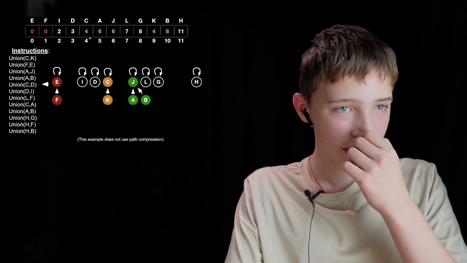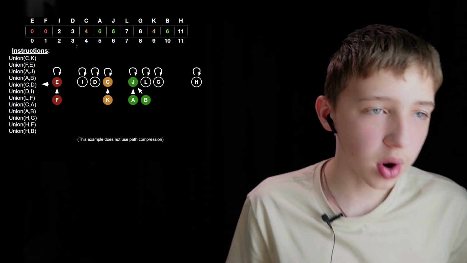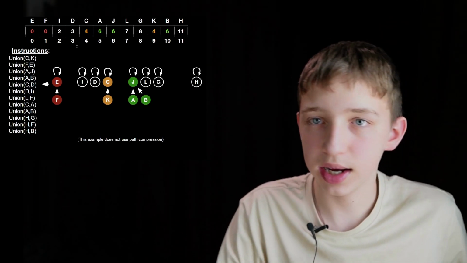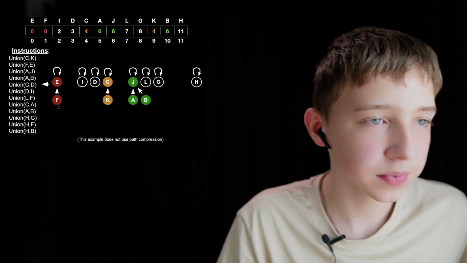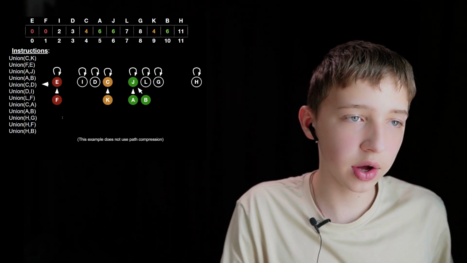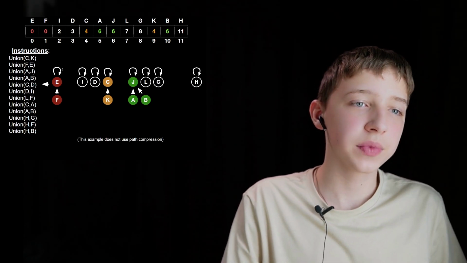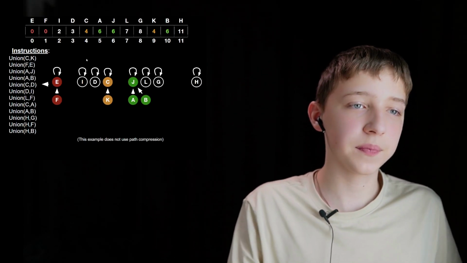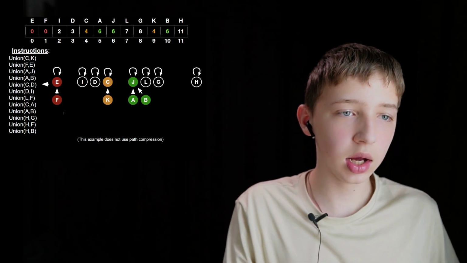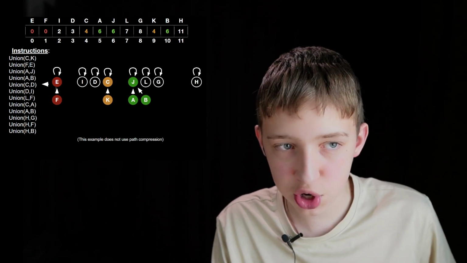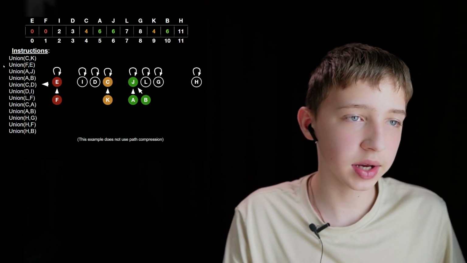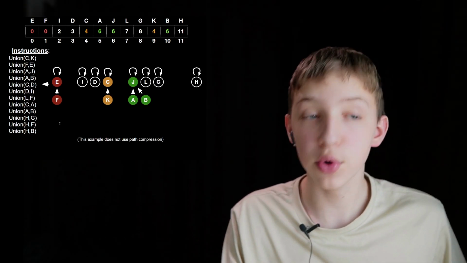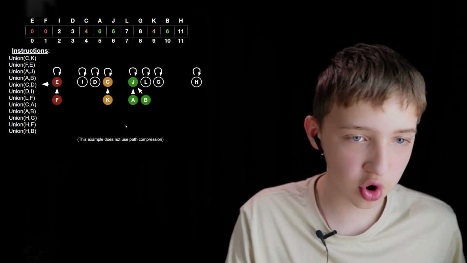And now we want, for example, to merge C and D. The root node of C is, for example, K, and the root node of D is D, the self-looped node. So here we are going to merge C and D into a larger group, a larger component. That is the orange group.